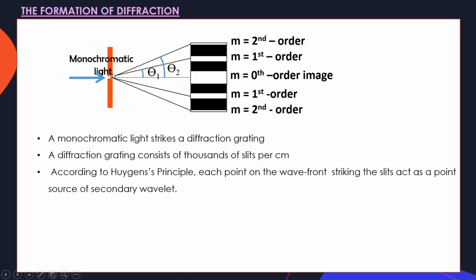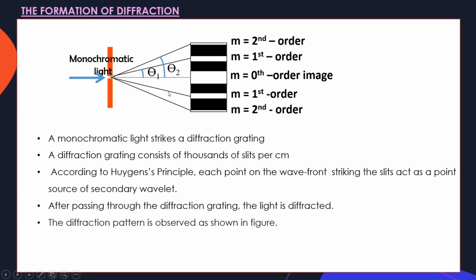According to the Huygens principle, each point on the wavefront striking the slit acts as a point source of a secondary wavelet. And what happens after passing through the diffraction grating? All the light is diffracted at an angle of theta. So the diffraction pattern is observed as shown in the figure.